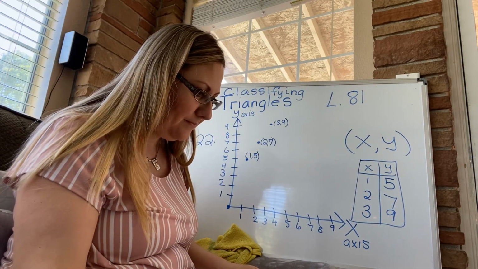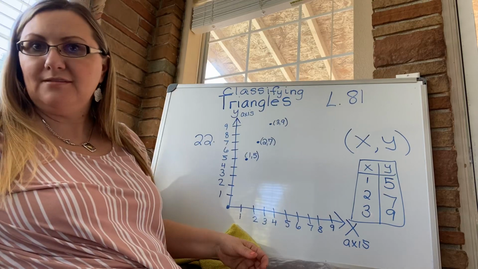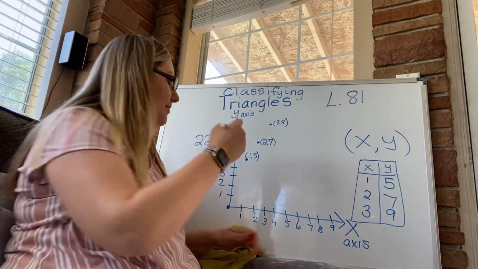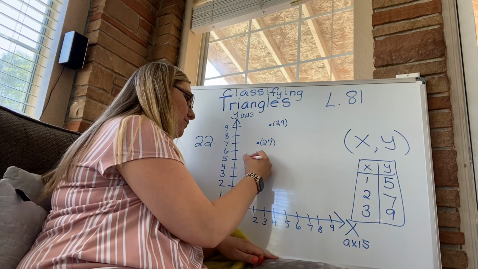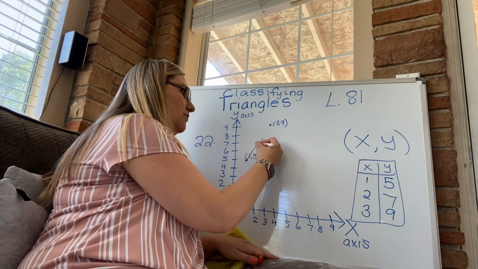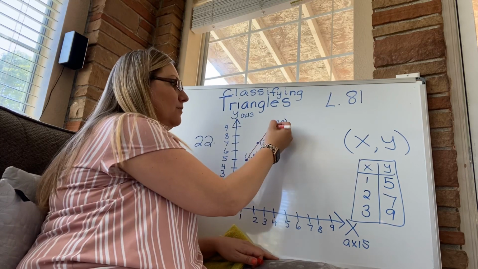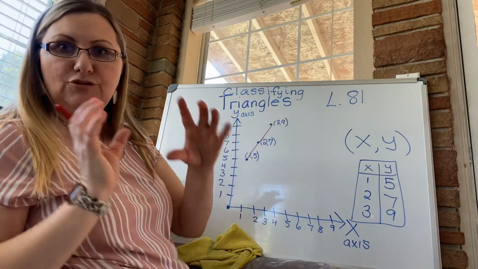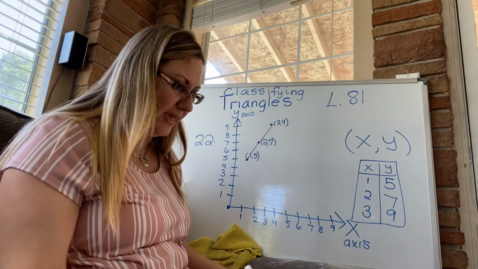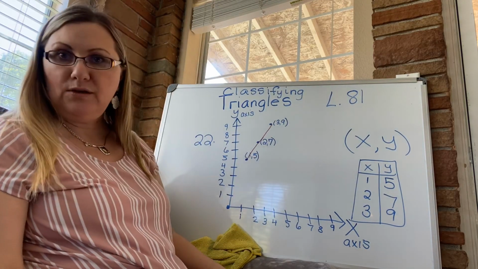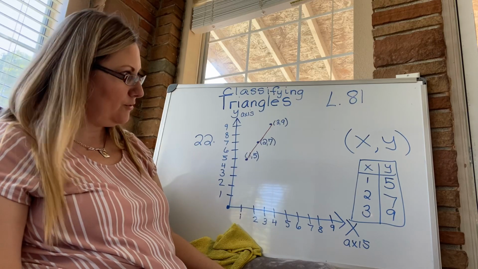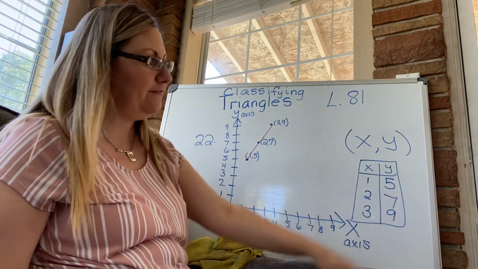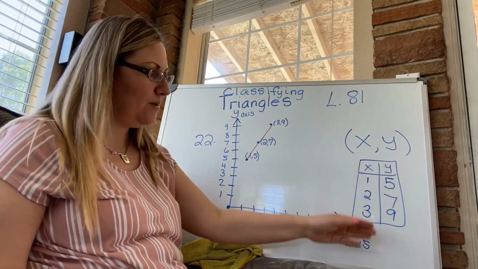But I want to take it just one step further, just for fun, which is to go ahead and connect them. So let's start with 1, 5. Go to 2, 7, and go to 3, 9. And you can see that that original formula that we had, y equals 2x plus 3, when we know the x's, we can figure out the y's and so on.